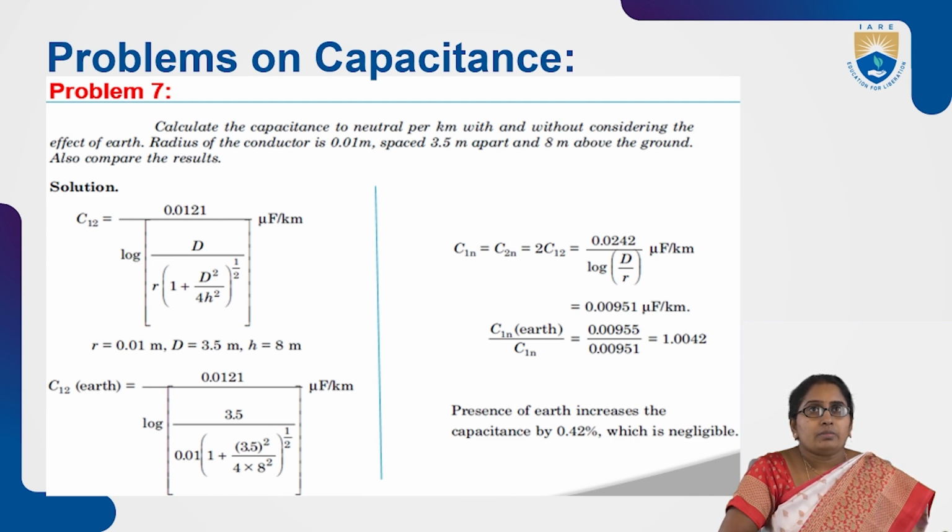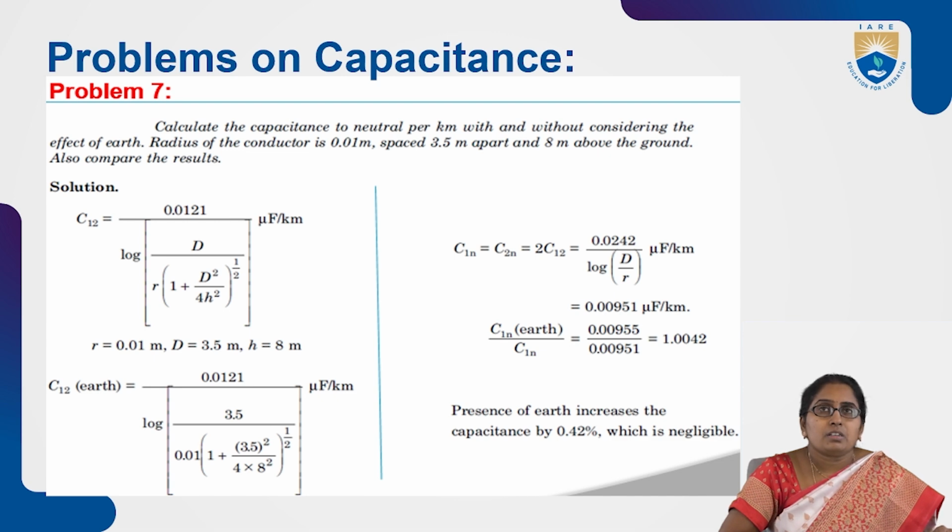The radius of the conductor is given, the spacing between the conductors is given, and the height of the conductor above the ground is given as 8 meters. Then they also mention to compare the results.